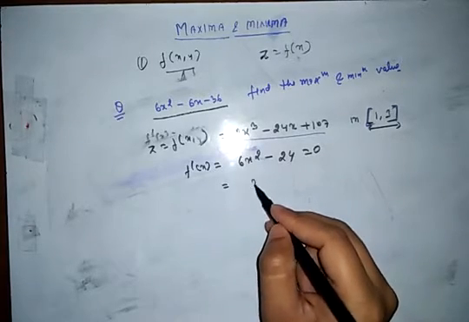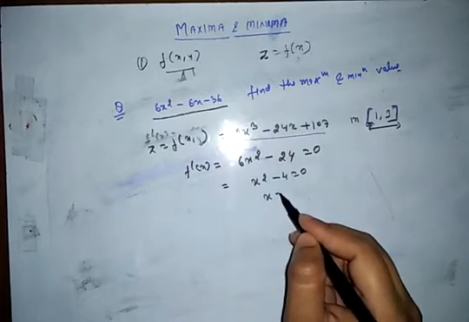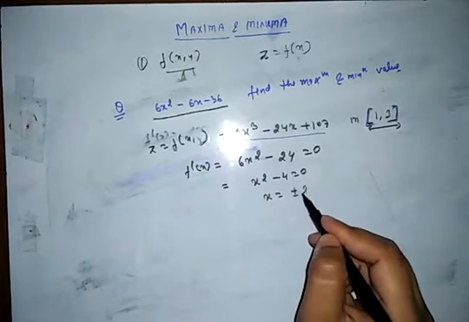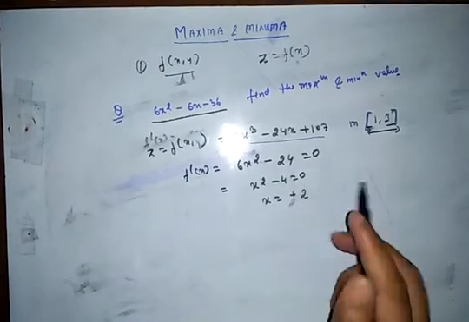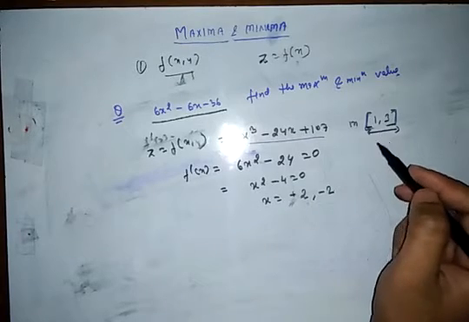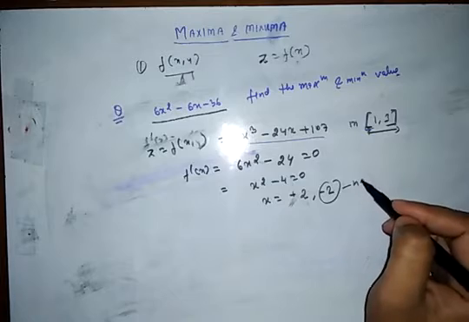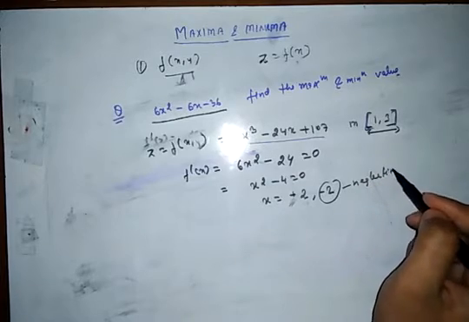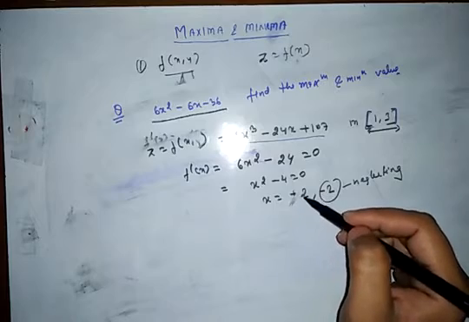This implies x square minus 4 is equal to 0. This means x is equal to plus minus 2. So we are getting x equal to plus 2 and minus 2, but minus 2 does not lie in this range, so we are neglecting minus 2. We get only one stationary point, 2.